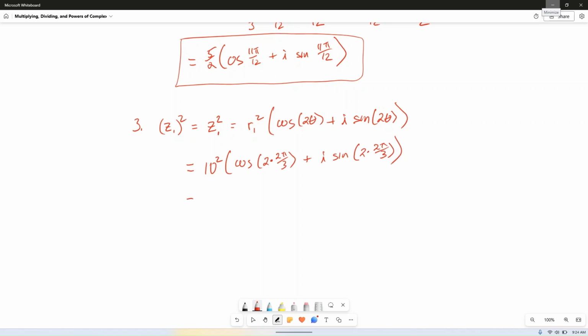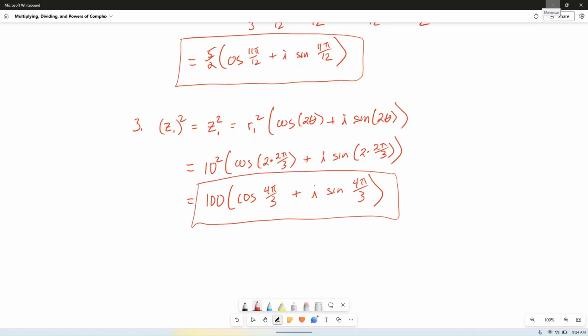That is already computed, we just need to simplify it now. So 10 squared is 100 times the cosine of 4 pi over 3 plus i sine of 4 pi over 3. And so that would be the complex number in polar form that results from taking z1 and squaring it.